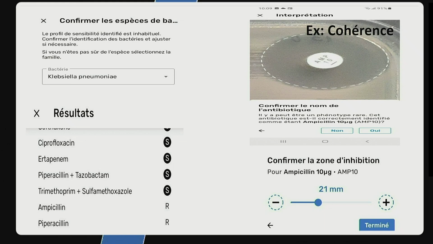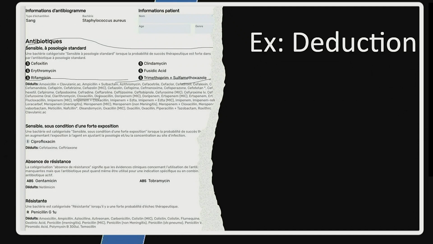More examples? That's for the consistency between the identity of the bacteria and the natural resistance mechanism we detected. Here is a detection for cloxacillin.